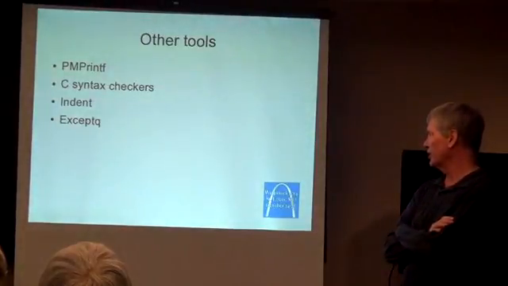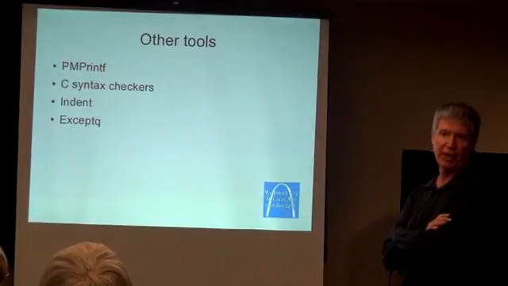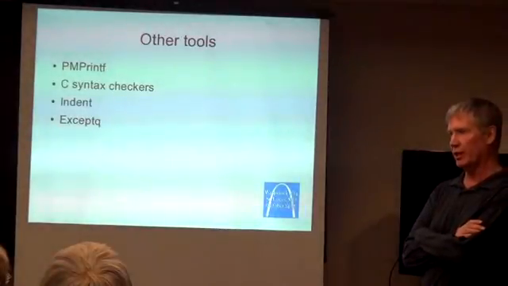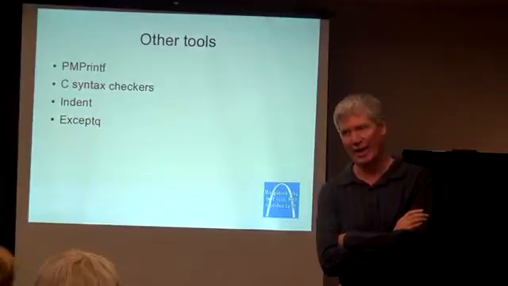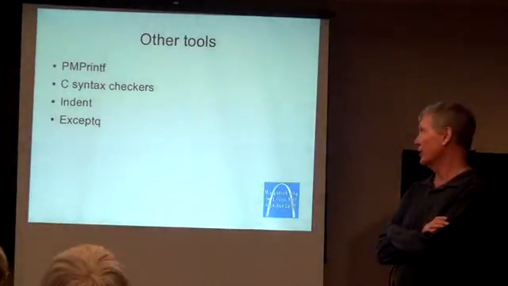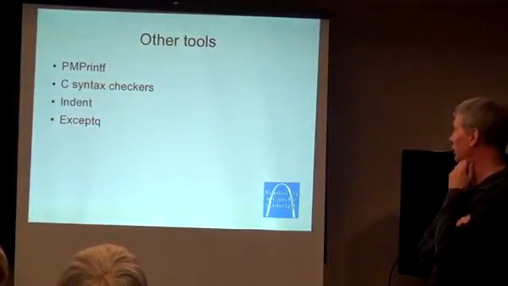And some other things that you might think about. PMPrintf is actually quite nice for debugging, especially for debugging things like the L-switcher plugin, which it's real hard to get to write to anything, but it writes real nicely to this. So it's something to think about for being able to check and debug.